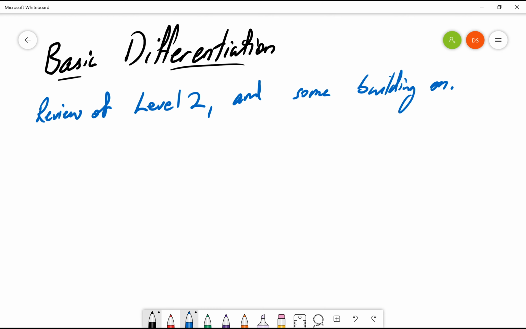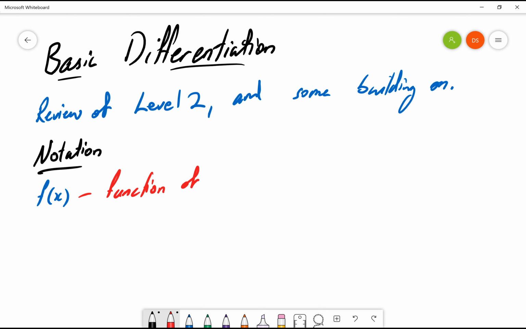Alright, so without too much further ado, let's start doing some notation. Okay, we started with this yesterday. So here's something. f of x denotes function.